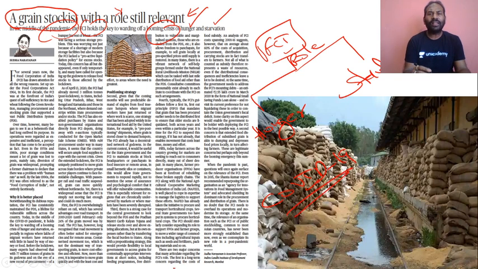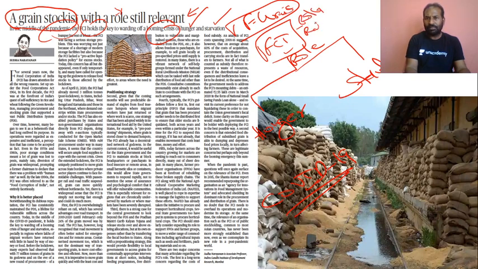Yes, definitely there are a few concerns and fingers raised at the functioning of the FCI and how it maintains the food grains. Please do understand, there are concerns and challenges in regard to how they have handled or managed the food grains, whether they are all protected, or rotten, or eaten by rats.